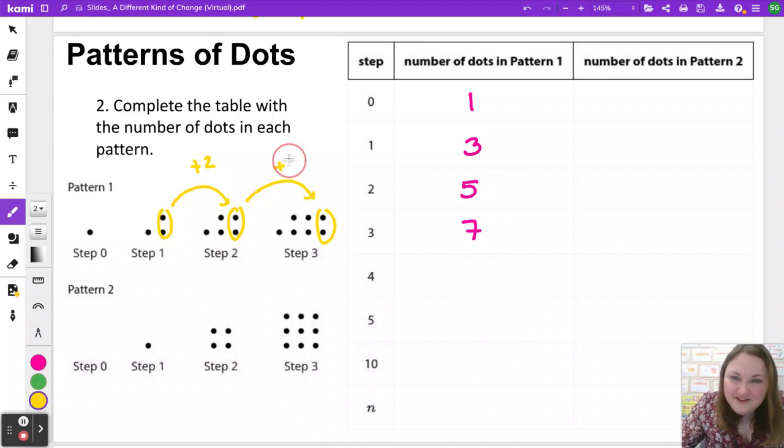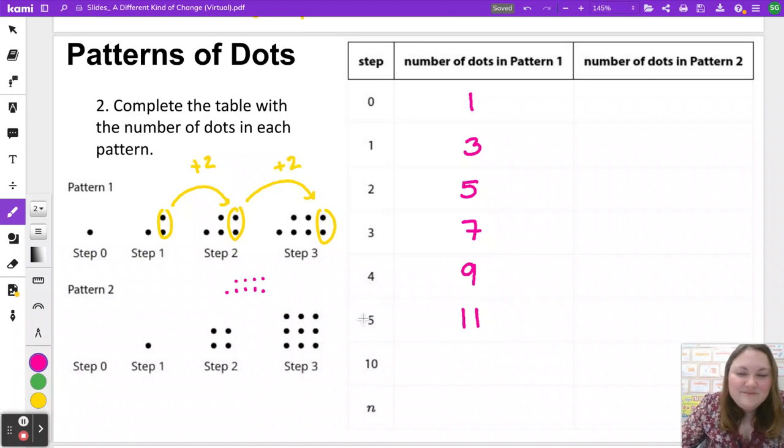We know that step 4 would be the picture we had before. This is step 3, and then we're just adding 2 more dots. So that would get us to 9. And then we're just continuing that pattern of adding 2 each time. So step 5 would be 11.